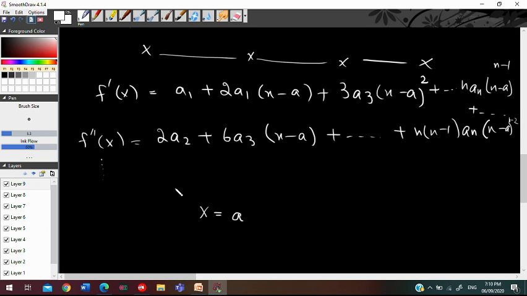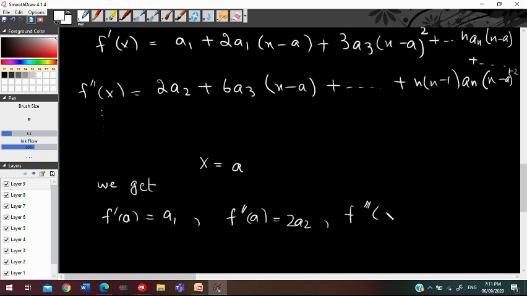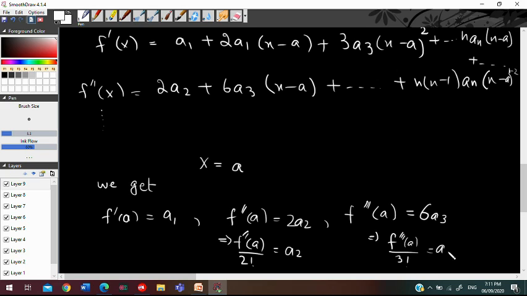So we get f prime of a equals a1, f double prime of a equals 2a2, which means f double prime of a divided by 2 factorial equals a2, and f triple prime of a equals 6a3, so f triple prime of a divided by 3 factorial equals a3, and so on.